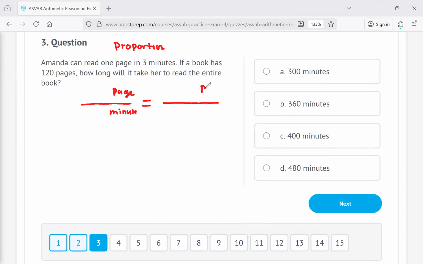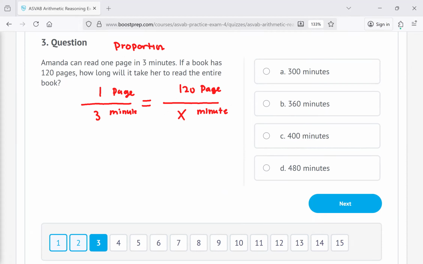Same thing here, page and minute. So one page in 3 minutes. If a book has 120 pages, so 120 pages, how long will it take her? They're asking for time, so that is our unknown, X.